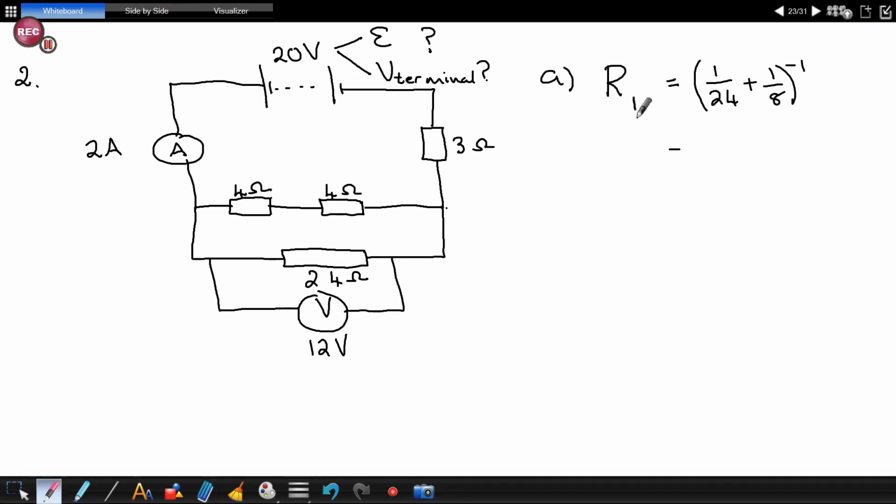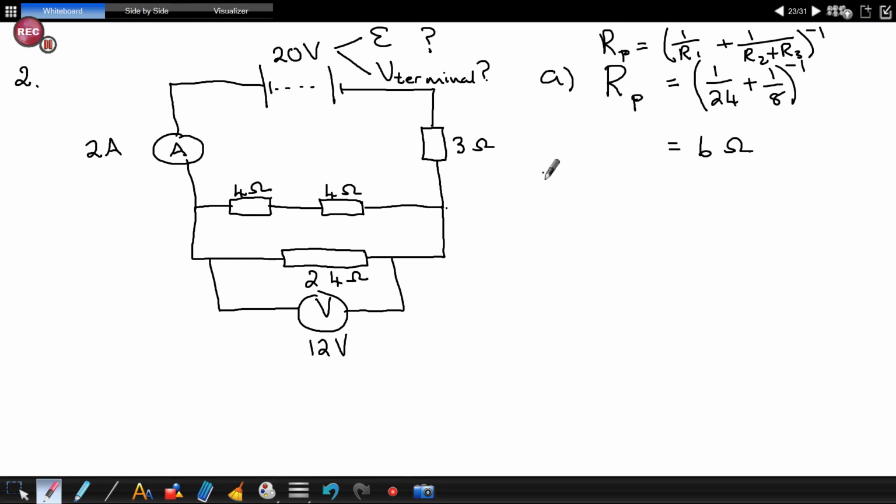So it's RP. What will it be? 6 ohms. So before you lose marks for not writing the parallel equation, it is 1 over R1 plus 1 over R2 plus R3, all to the power negative 1.